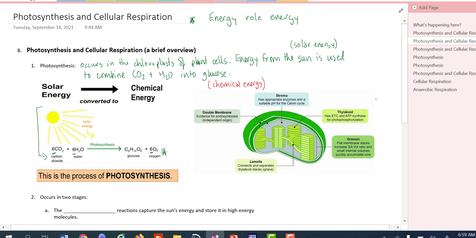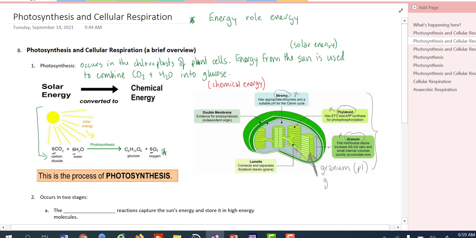So, as I mentioned, all of this photosynthesis occurs here in the chloroplasts, and we should know these terms as they apply to the various structures within the chloroplast. Most importantly being these three here that I've circled, these stacks of poker chips that we call grana.